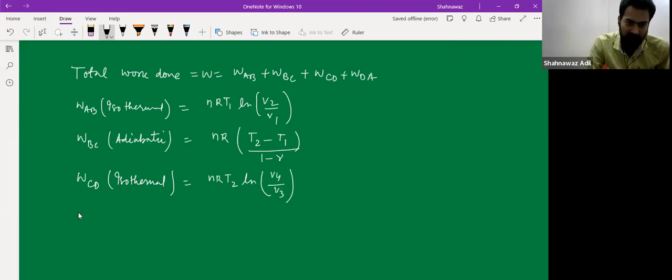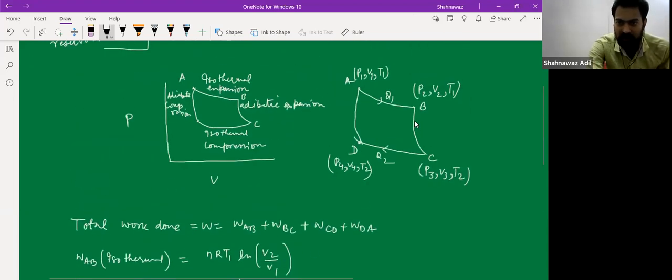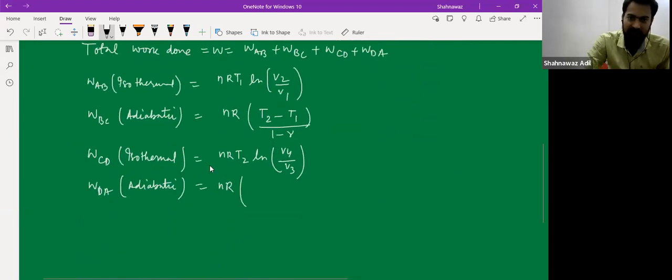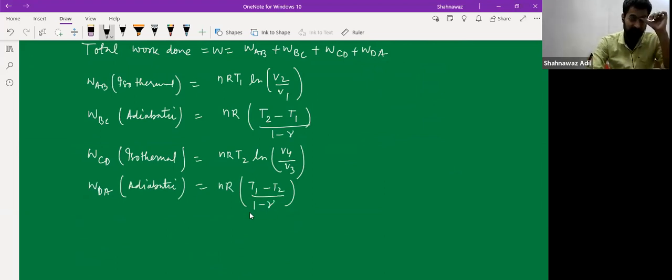And for D to A, we have adiabatic again, so this would be nR, and temperature goes from T2 to T1. So final is T1 minus T2 upon 1 minus gamma. Right, am I correct?